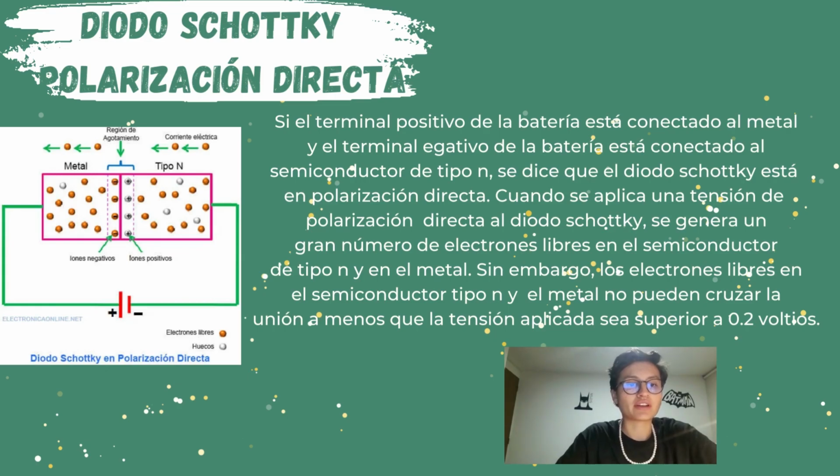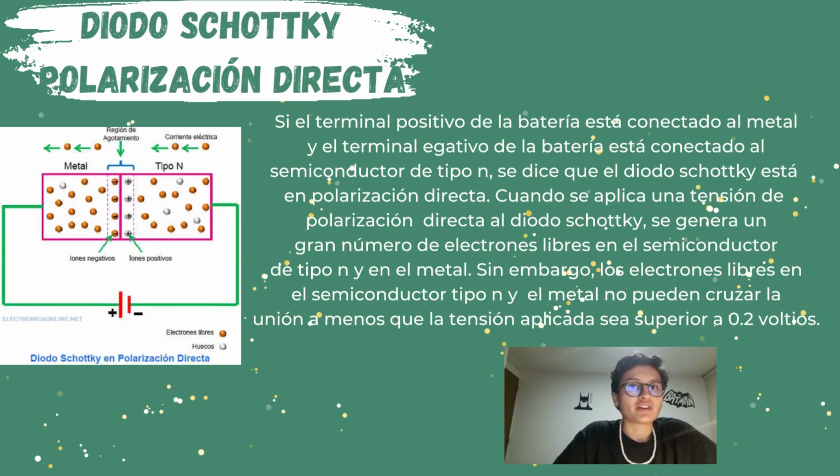Schottky diode forward bias. If the positive terminal of the battery is connected to the metal and the negative terminal of the battery is connected to the N-type semiconductor, the Schottky diode is said to be forward biased.